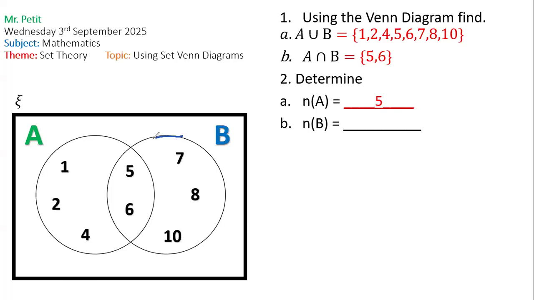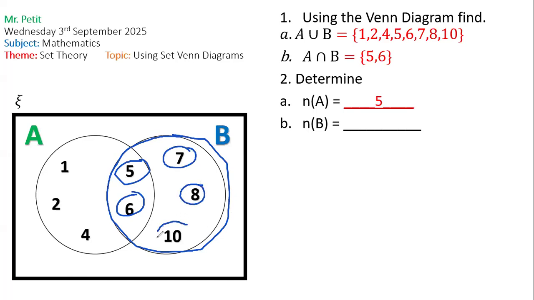Very good. So all of this is in B. So all of the elements in B are going to be what? 5, 6, 7, 8, and 10, and all of them are in B. And that means how many of it? It's 1, 2, 3, 4, and 5.